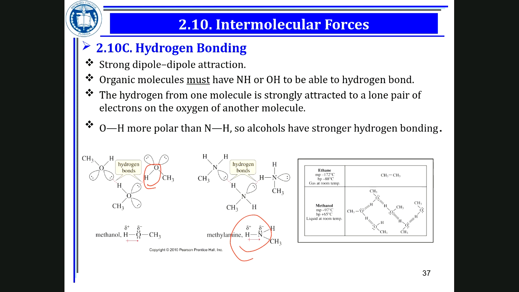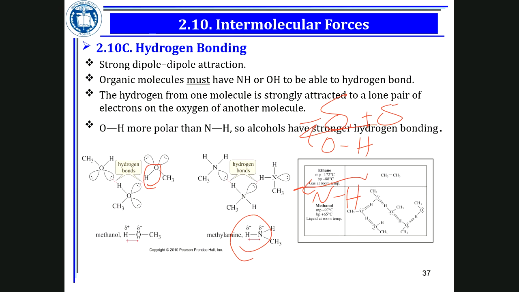You look at the electronegativity difference between oxygen and hydrogen, and nitrogen and hydrogen. The electronegativity difference for oxygen is greater than for nitrogen. So because you have greater electronegativity, the charge separation for OH is more significant than NH.